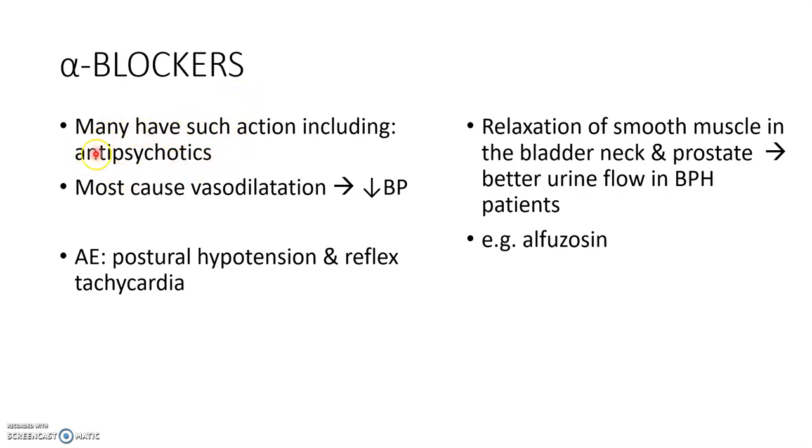Many drugs used to treat psychotic symptoms of schizophrenia, bipolar disorder, and other conditions will have alpha blocking effects. Mostly what they cause is vasodilatation. When they cause vasodilatation, it will eventually cause a reduction in the blood pressure.